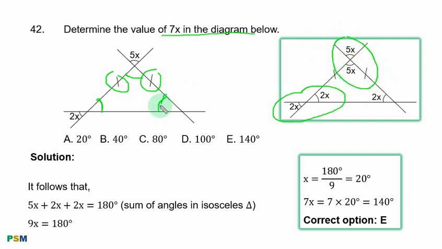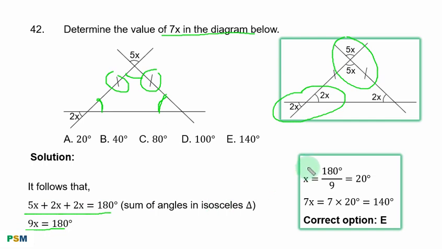This angle is equal to 2S, base angles of isosceles triangle. So if you add the three angles, the sum is equal to 180 degrees. 9S is equal to 180 degrees.